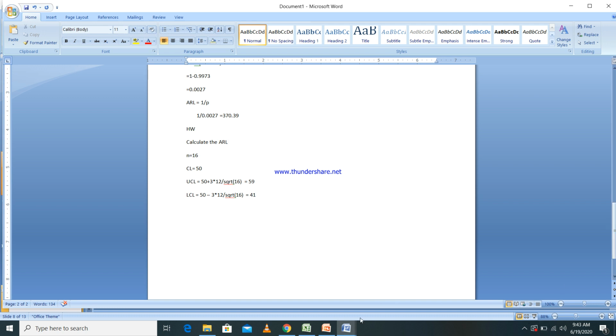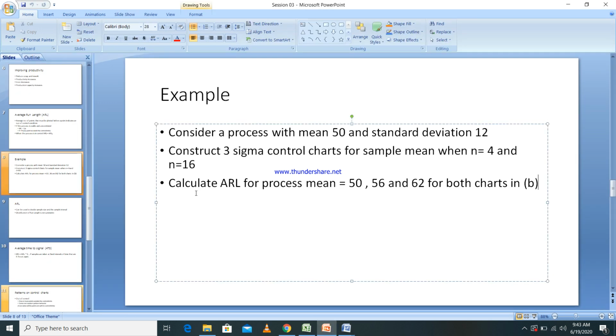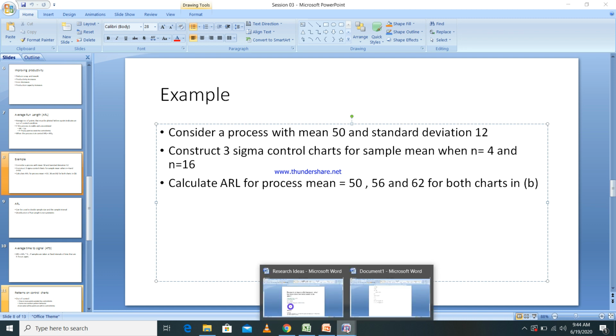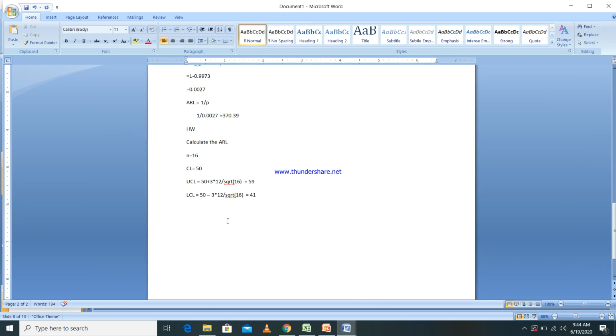But if you look at the next question, you have to do the same calculation by changing the mean. Right? So if you change the mean from 50 to 56 and 56 to 62, then in that case, you will see, you will get different value for ARL. Right? So that is, you can just check at home by calculating.